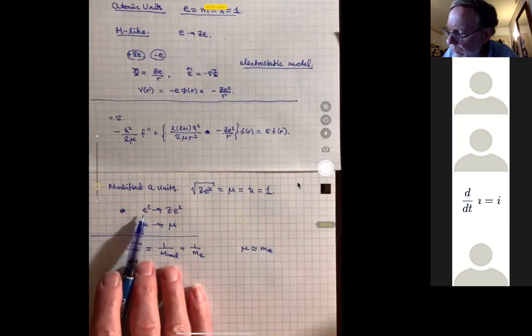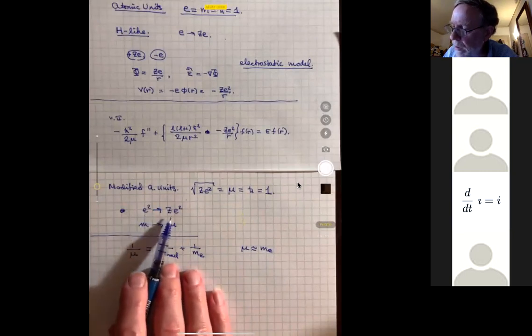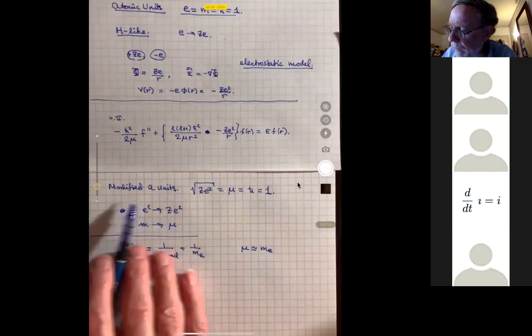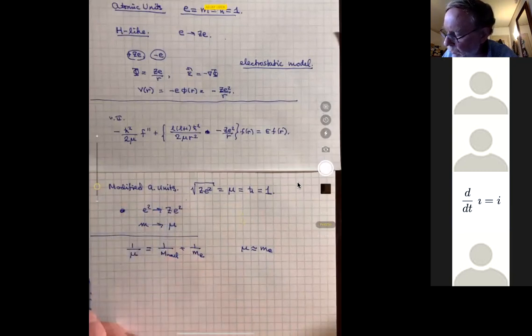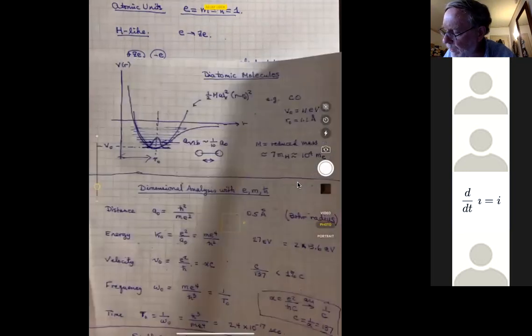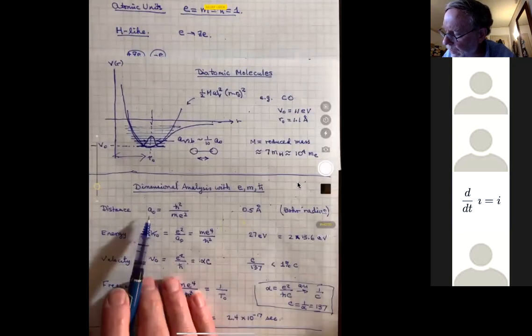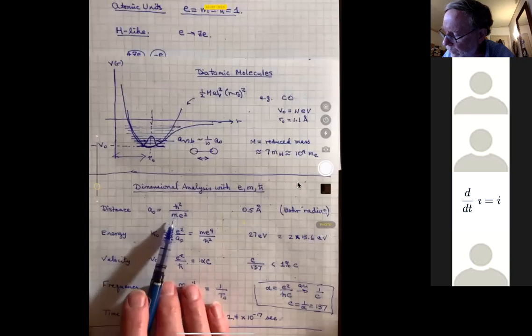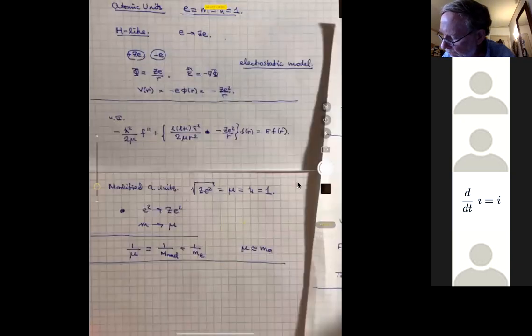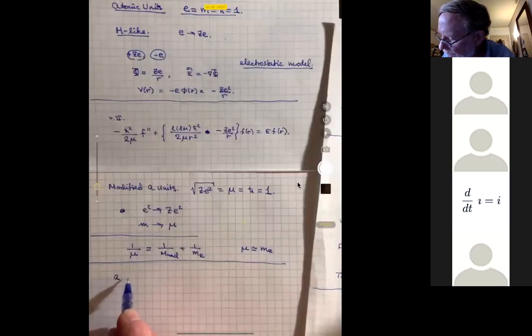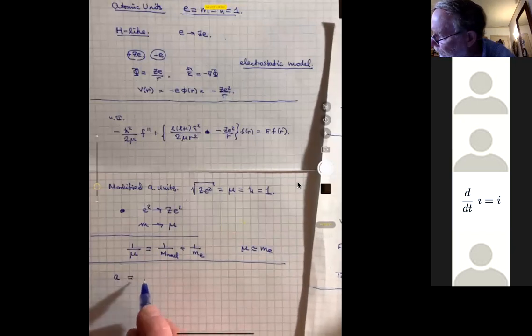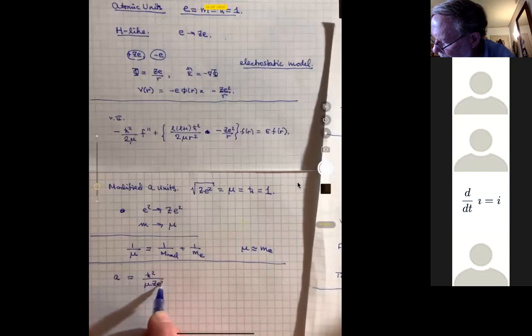On the other hand, changing e squared to Ze squared gives all of the units in modified atomic units a Z dependence, and it's worthwhile paying attention to what they are. So for example, if I go back to my atomic unit table here, here's the a naught, this is our unit h bar squared over m e squared. In modified atomic units, this a, let's call it a without a naught, would be given by h bar squared divided by mu times Ze squared.